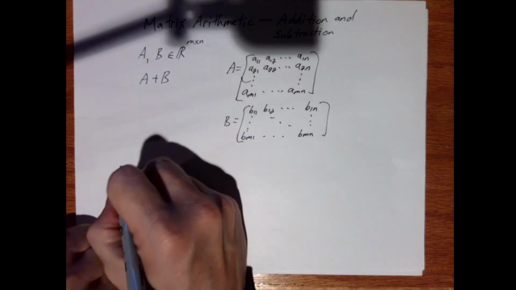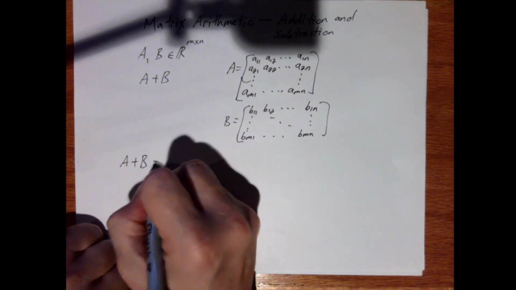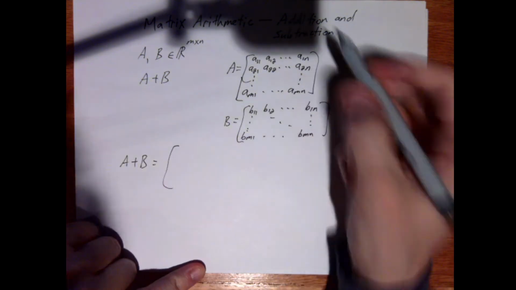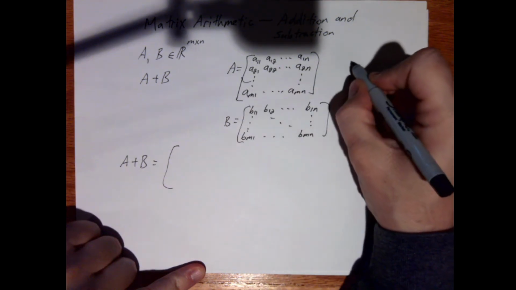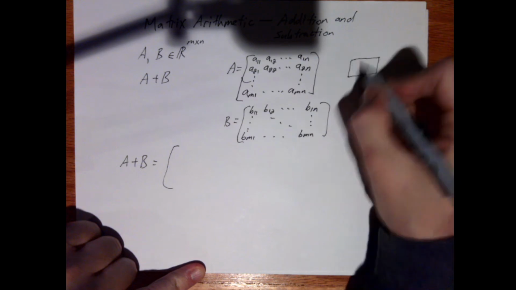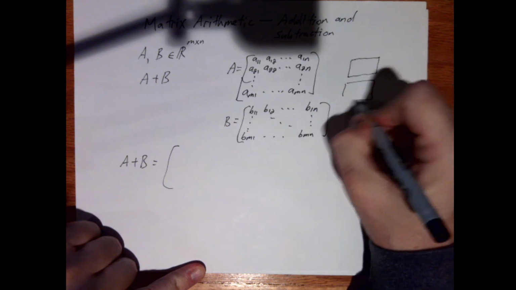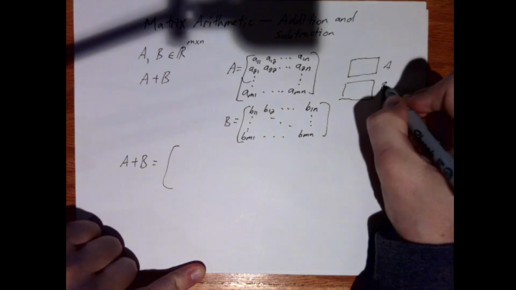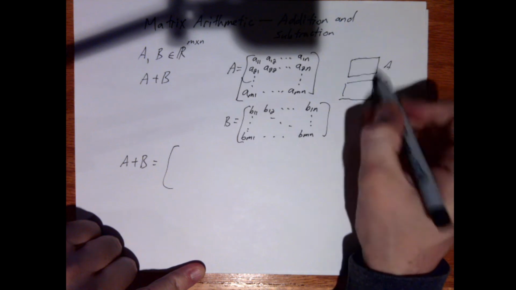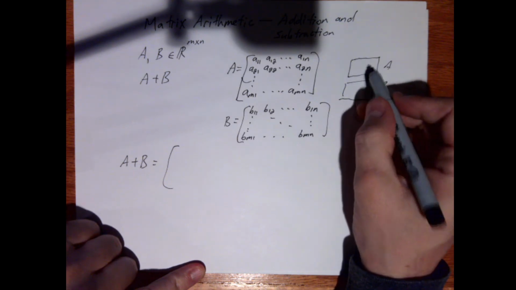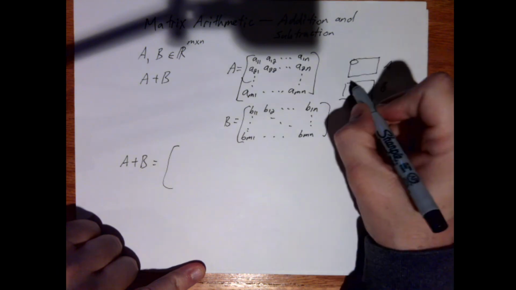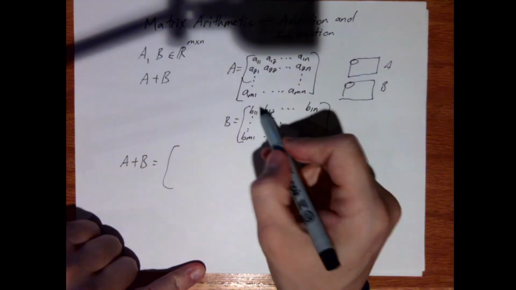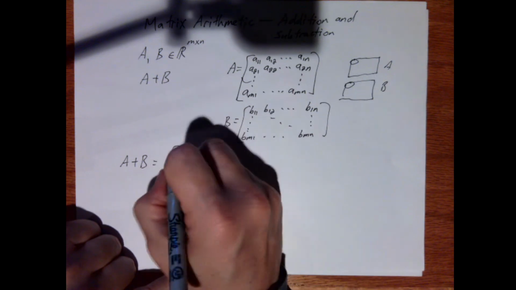So when I add A to B, let's draw it this way. Let's say A has this shape and B has the same shape. Think about overlaying one of these on top of the other one and adding the corresponding numbers. So the number that's in this position of both, A11 and B11, we add those together.